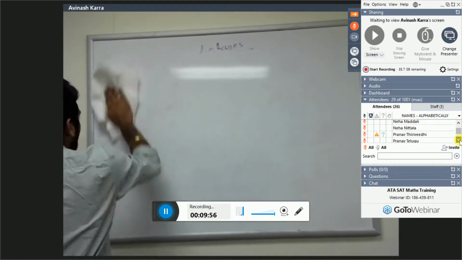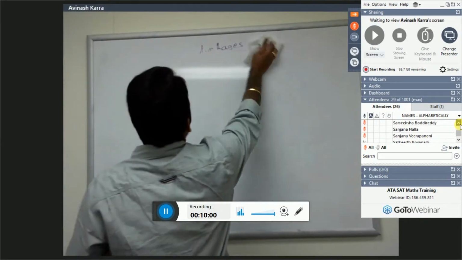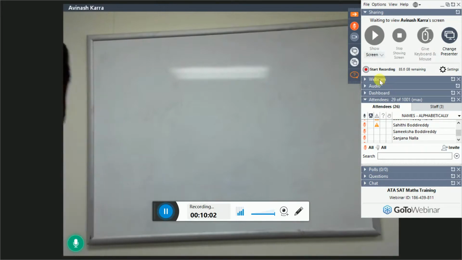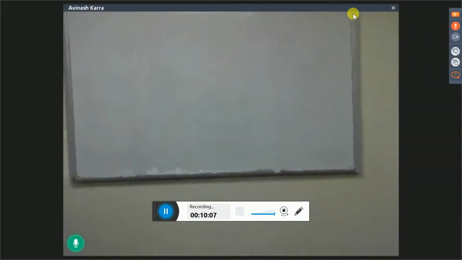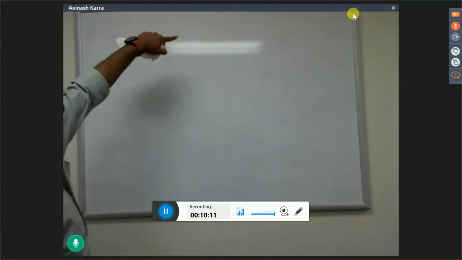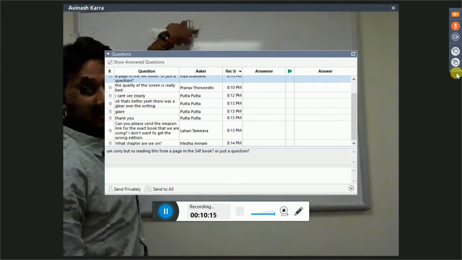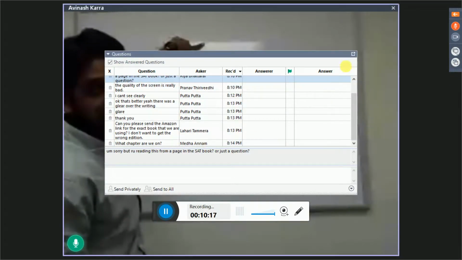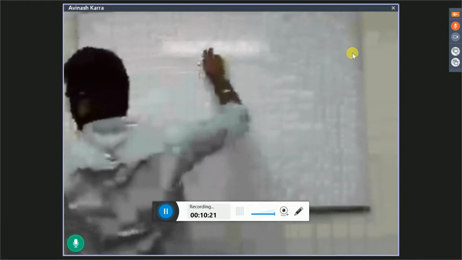There is a tube light coming under the averages, the two bars. If you can start from there, I think it will be better. A little bit down.